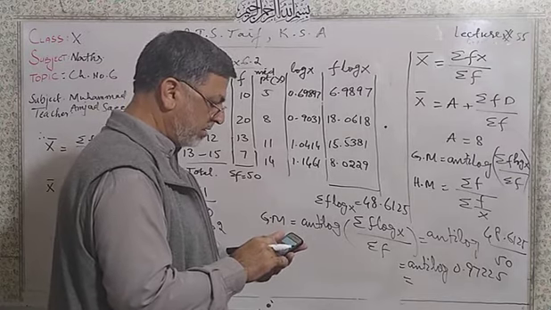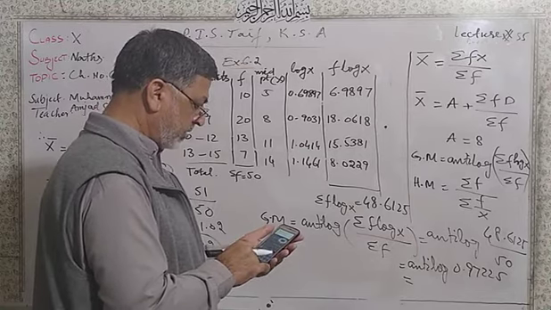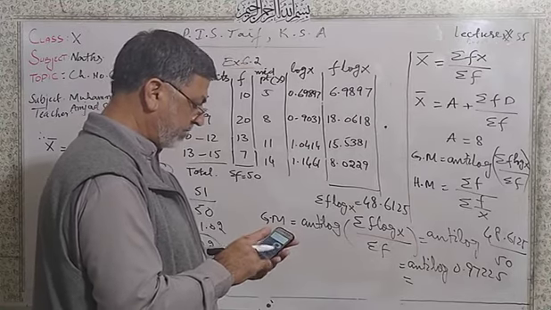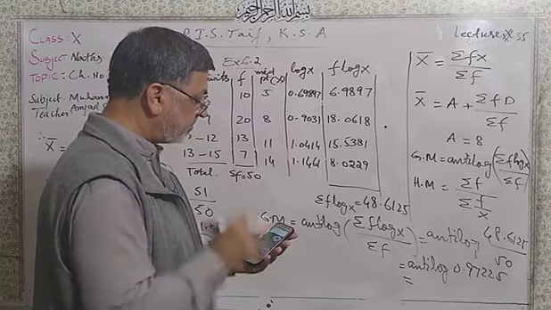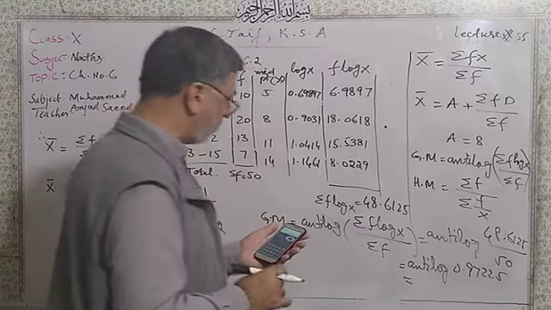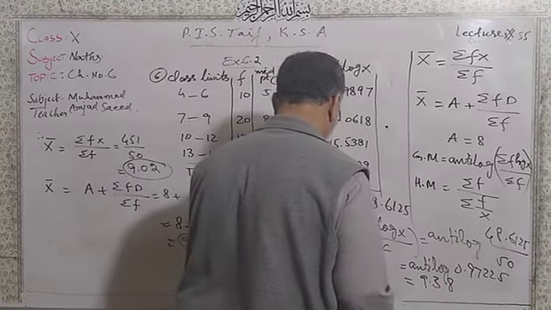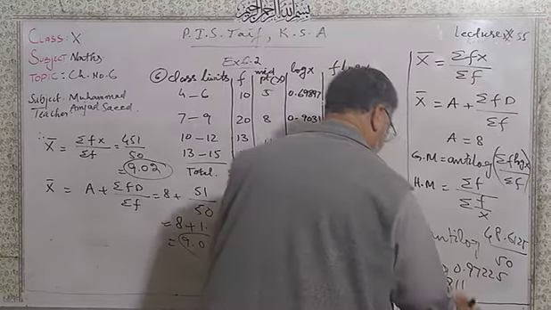Shift and log, that is known as anti-log 0.97225. 0.97225, that will be equal to 9.3811.